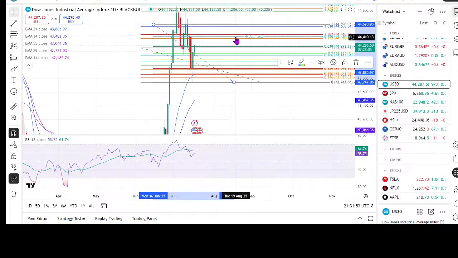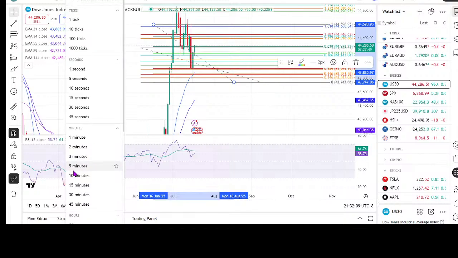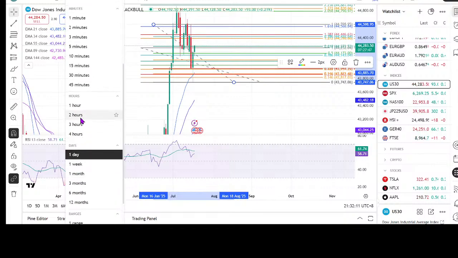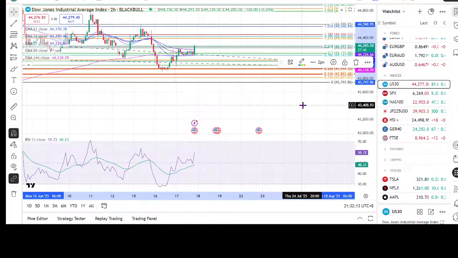Okay, then we are going to go for 390, 415. Then let's see the stop. Change it to hourly.